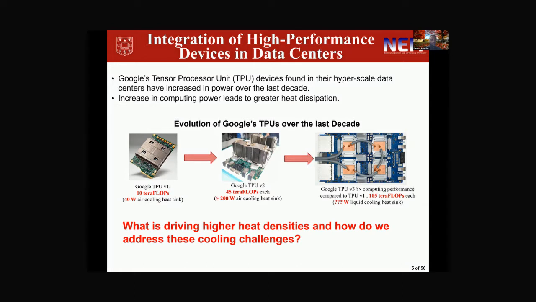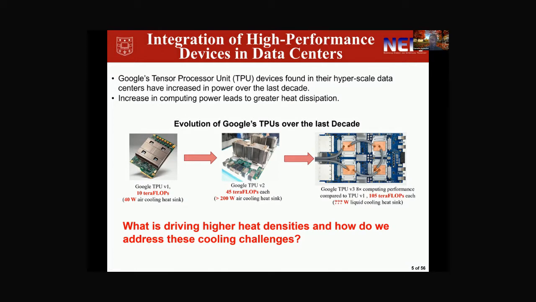If we look at the trends here, the power of these TPUs has significantly increased over the last decade. And so the increase in computing power is leading to greater heat dissipation.